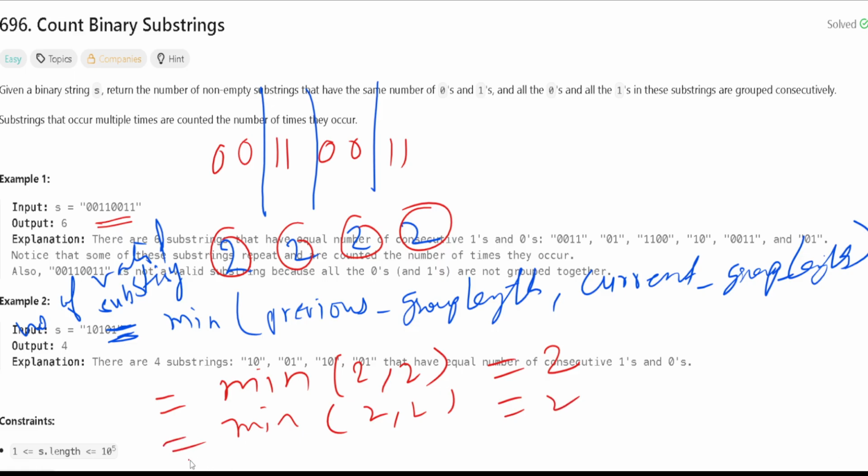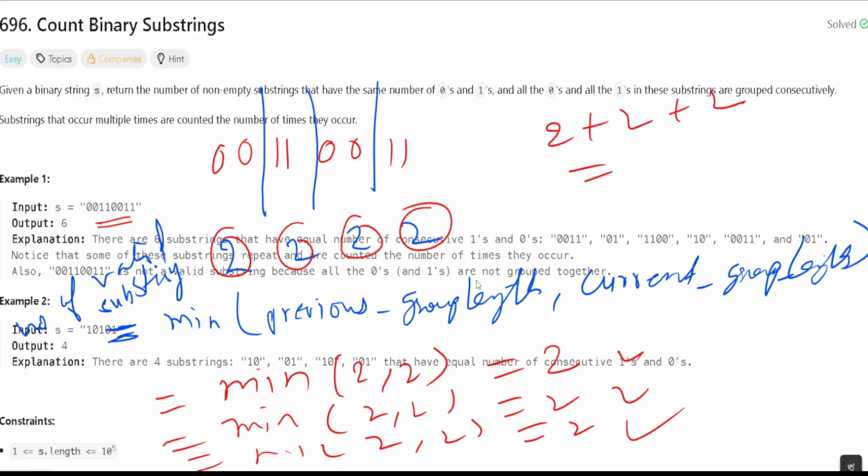Again we find the minimum, then we have 2 2. So these are the combinations that we have to check, guys, right? All the time we are getting 2 2 2 only. It means if we do 2 plus 2 plus 2, the total value will be 6. So the answer is 6, and that is why we are getting 6 here.